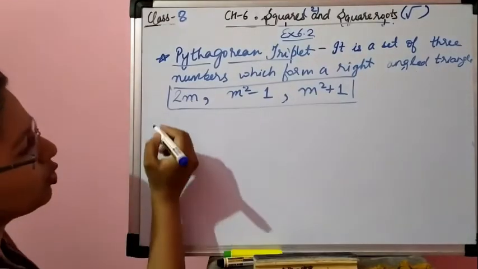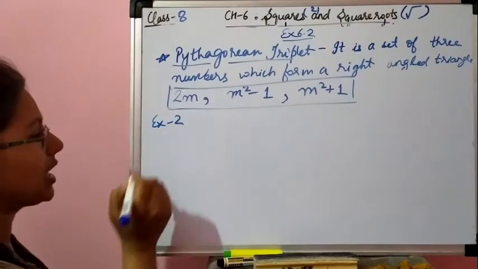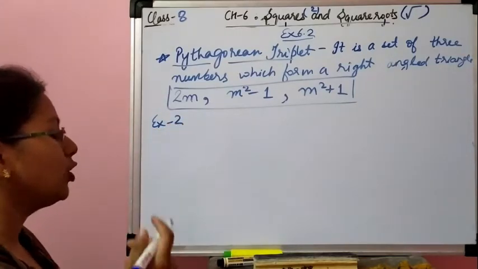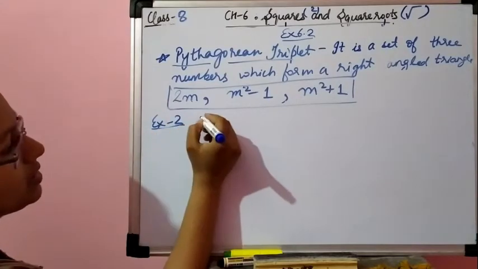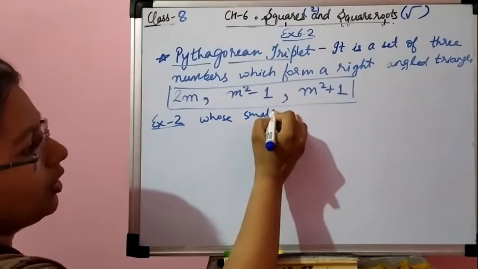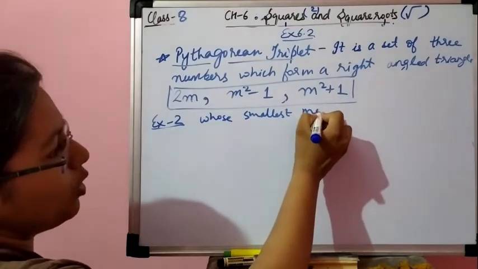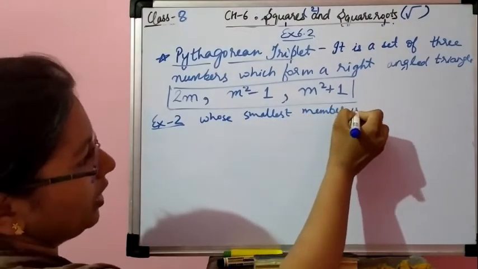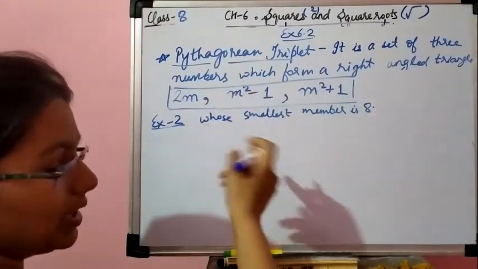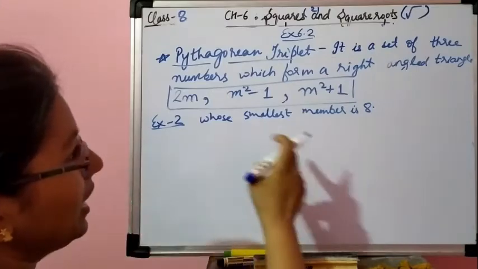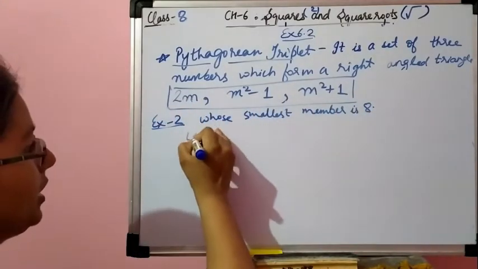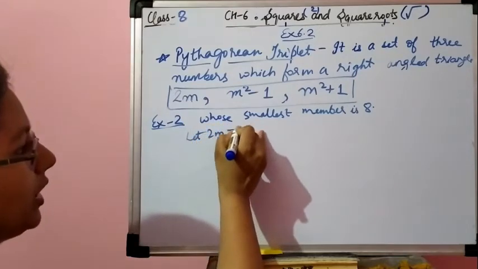In your textbook there is example 2: write a Pythagorean triplet whose smallest member is 8. Now definitely you can do it in the way we have done the other questions. Like if 8 is there, definitely this will come to your mind, that let 2m is equal to 8.